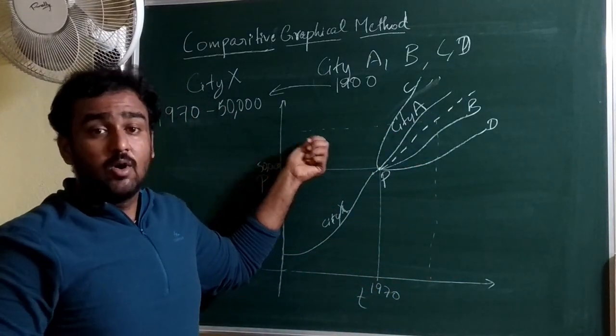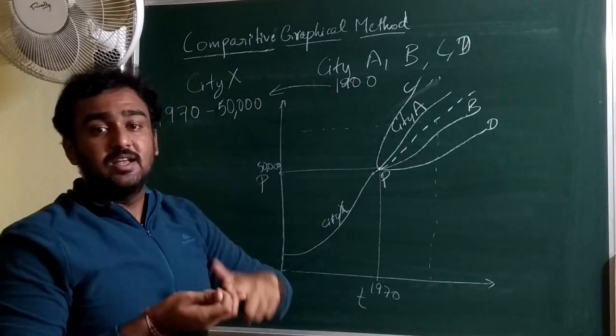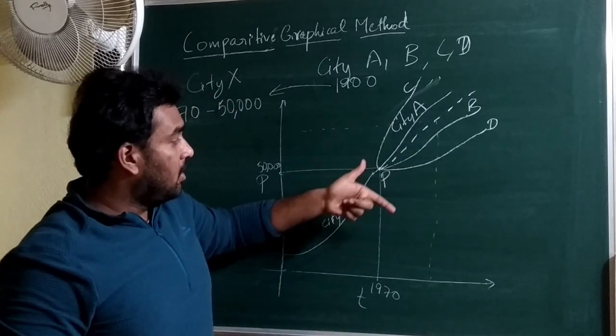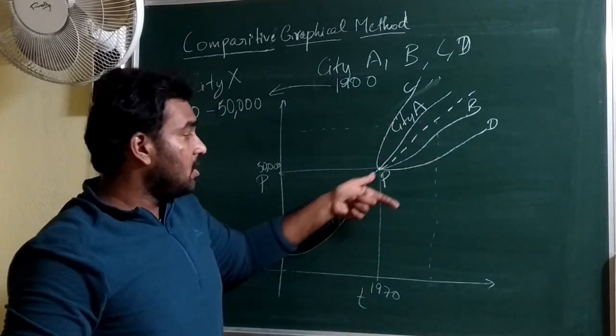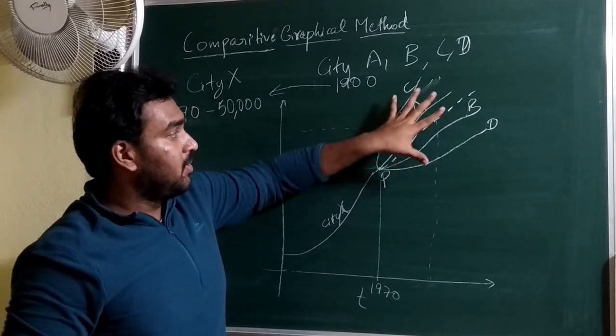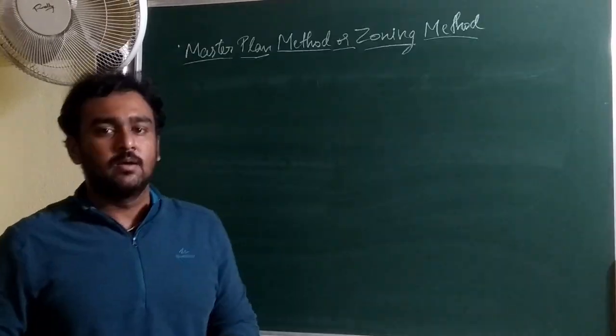So this is how we estimate the population, by comparing cities which are similar in conditions, circumstances and population growth, and extending the graph of city X under consideration, influenced by the population growths of different cities, to find the design population.